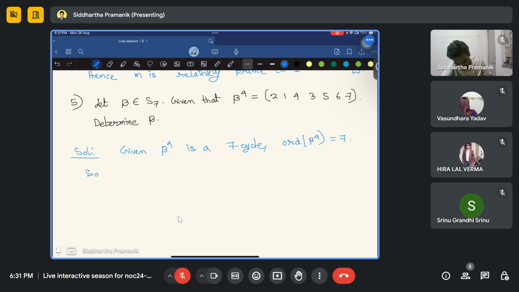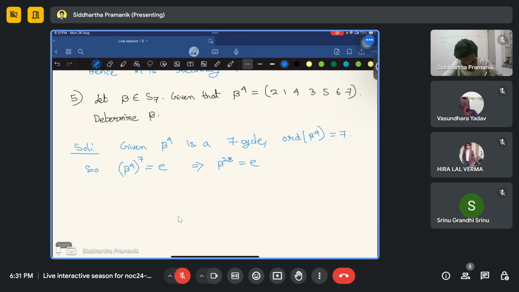So beta power 4 whole power 7 is the identity element, and this implies beta power 28 is the identity element. So from this we can say the order of beta must divide 28.